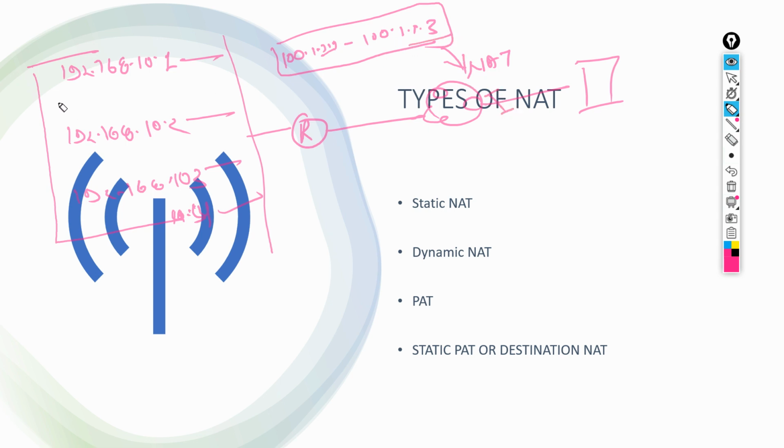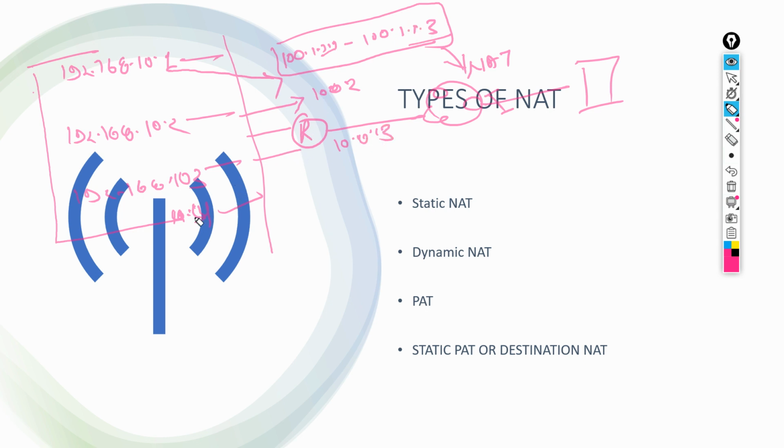So the first request will come, and it will map with 100.1.1.1. The second packet will come, and it will map with 100.1.1.2. The third will map with 100.1.1.3.